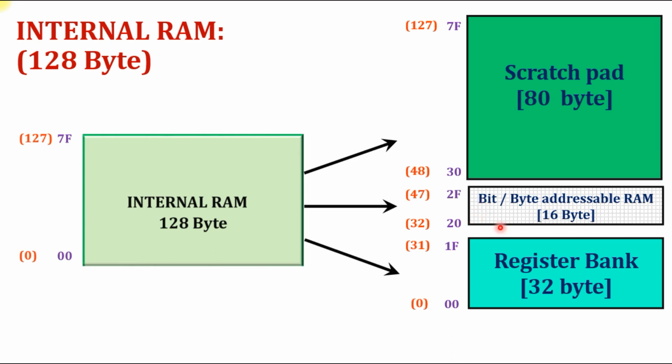These 16 memory locations can be used as bit and byte. 16 bytes means 16 into 8, each memory location can store 8 bits of information. So 16 into 8 means 128 bits. Within that specific area the ALU can store and retrieve 128 bits.